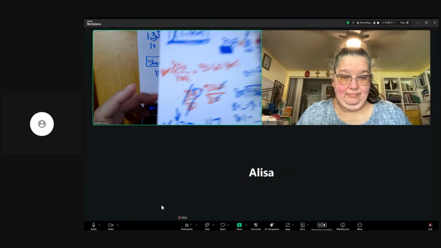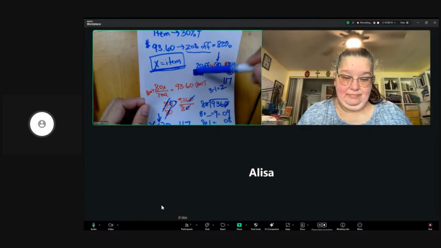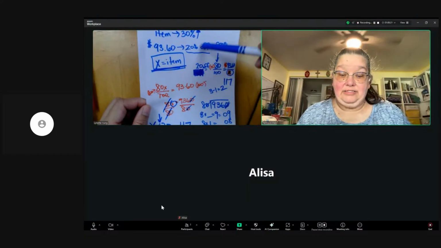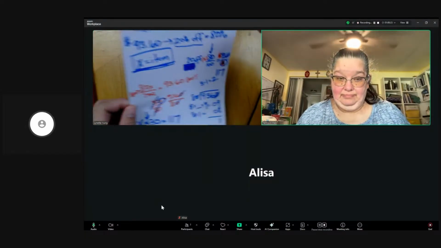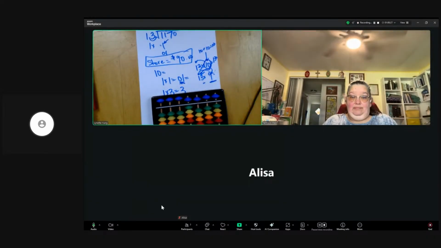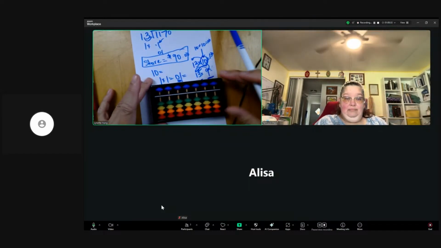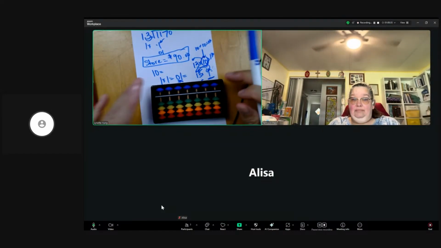These will be word problems for sure. I have to figure out how that's going to work. Word problems as well as percentages and calculating.